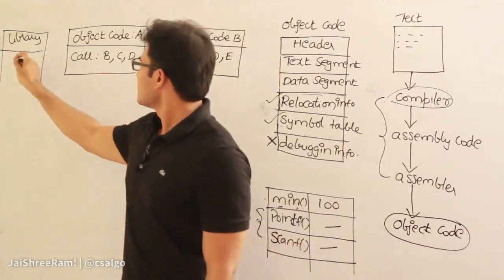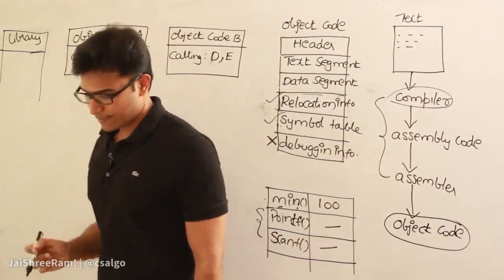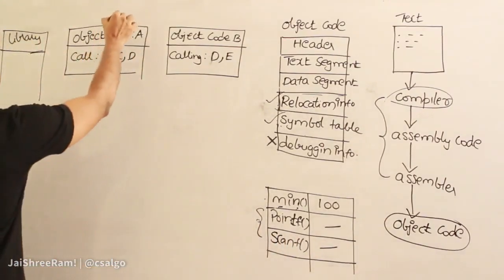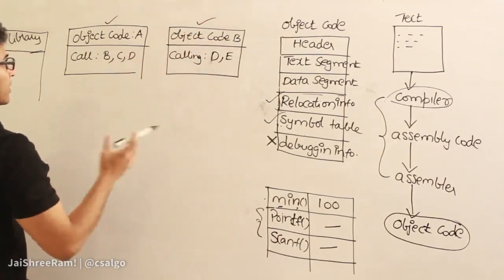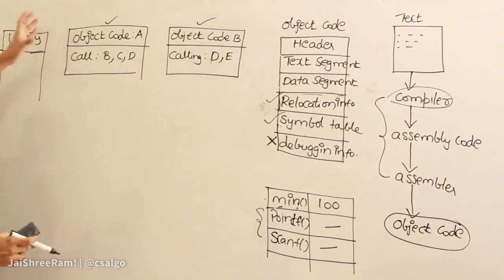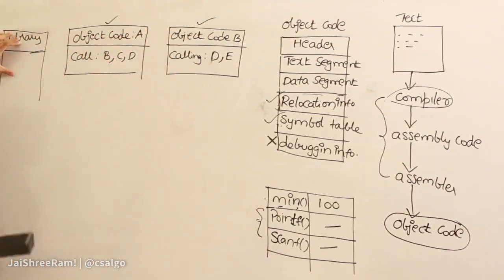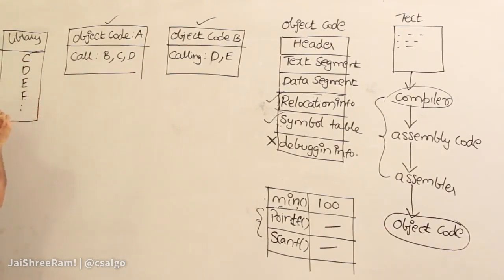Let us say the library is going to contain the modules. One is whatever modules we don't have here. So this is written by a user, this is written by a user, and both are compiled independently, and the libraries are also already compiled independently and present separately. And let us say C, D, E, and various functions are present here, F, everything, right?